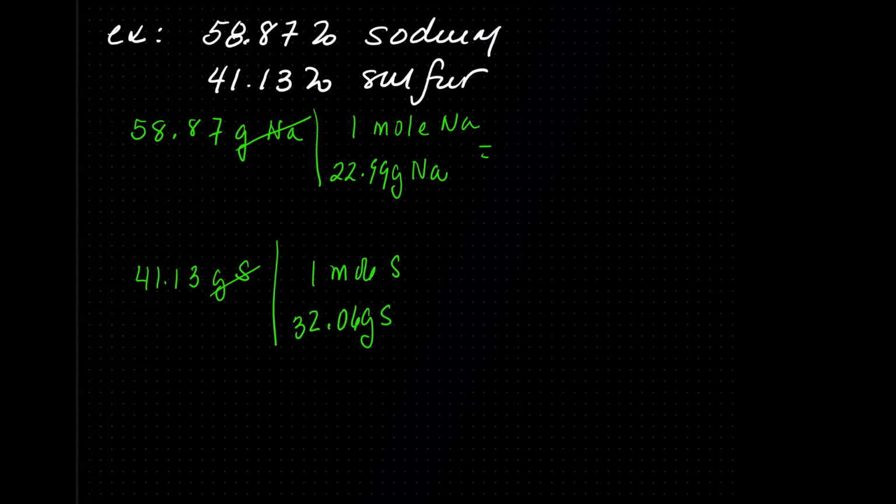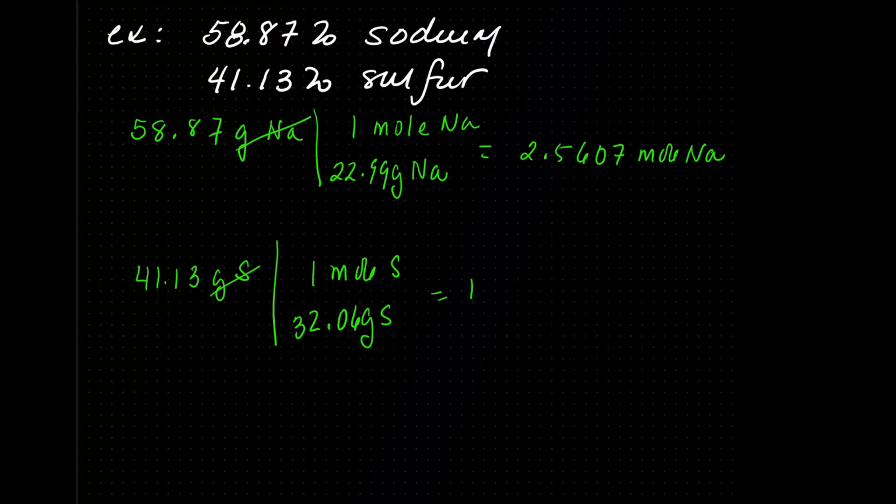Now we're going to calculate for sodium by multiplying 58.87 times 1 divided by 22.99. 2.5607 moles of sodium. We're going to repeat for sulfur, 41.13 times 1 divided by 32.06.